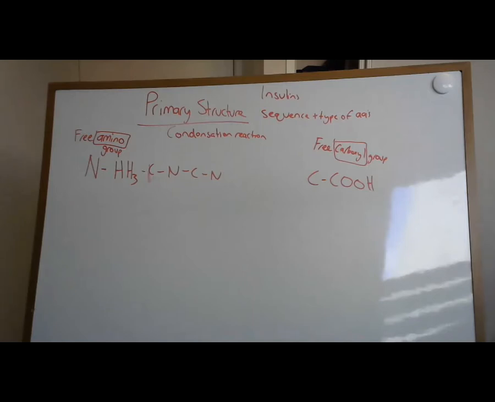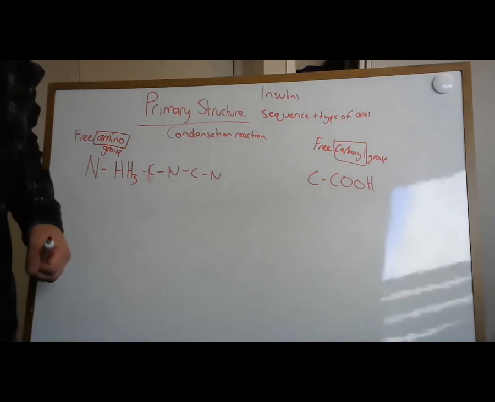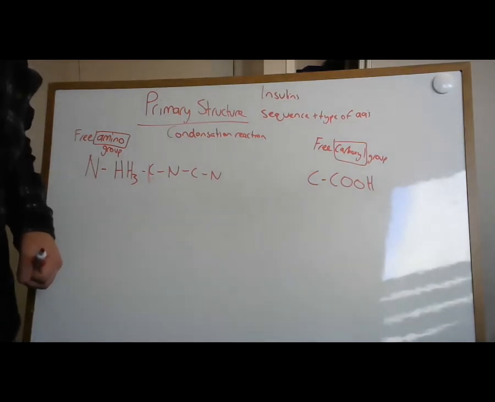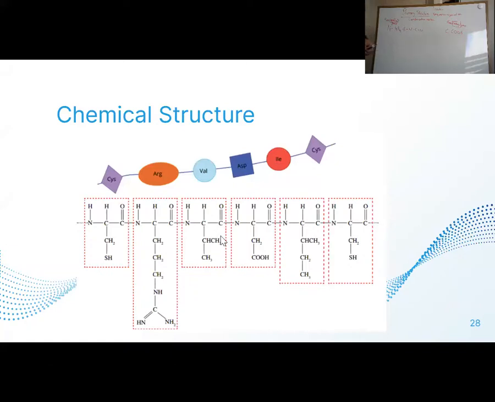So let's look at, I'm not going to attempt to draw it on the board because we all know how that goes. So we've got the N terminus here, we have carbon to nitrogen bonds all the way through. On here, we have the C terminus. Because that's the end, you've got a free carbon to oxygen double bond.